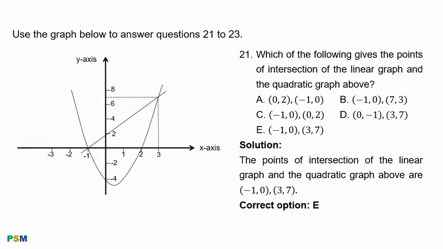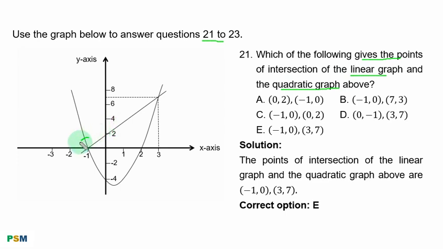Use the graph below to answer questions 21 to 23. Question 21. Which of the following gives the points of intersection of the linear graph and the quadratic graph above? The straight line is the linear graph, the curve is the quadratic graph.